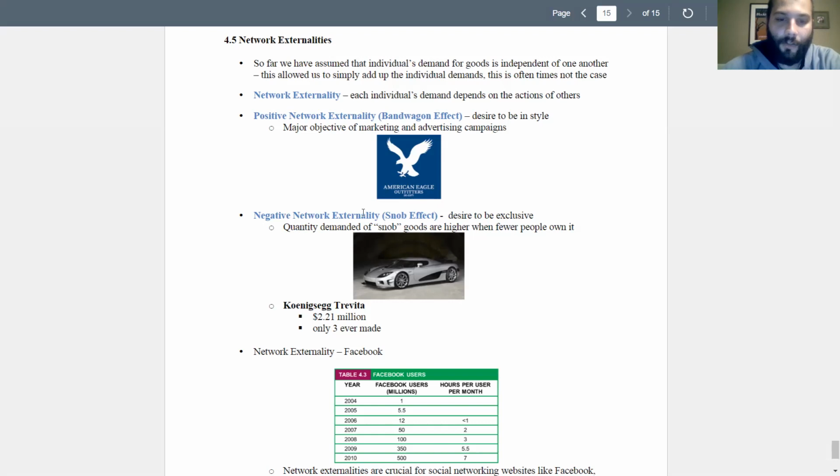So basically what we're saying is that when the price decreases, for a normal good, demand is going to go up. We're saying with this snob effect, demand will still go up, but demand is going to go up by less than it would have without network externalities. We get a price decrease, quantity demanded goes up, but it goes up less than it would have because some people are saying, if everyone can afford this, I don't want it anymore.